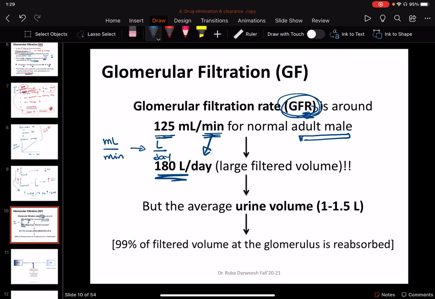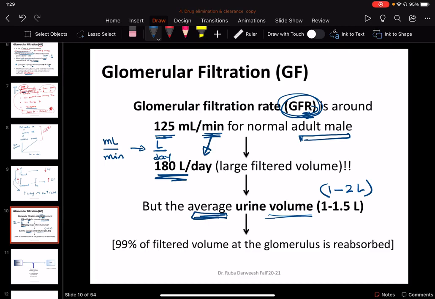And if we think about it, no one can excrete 180 liter per day. Healthy subject, did you ever hear about someone that excretes 180 liter per day? No, for sure. The average urine volume is usually 1 to 1.5 or 1 to 2 liters.